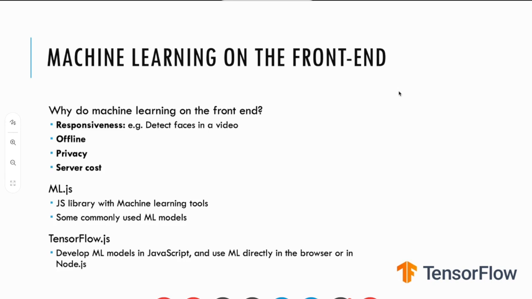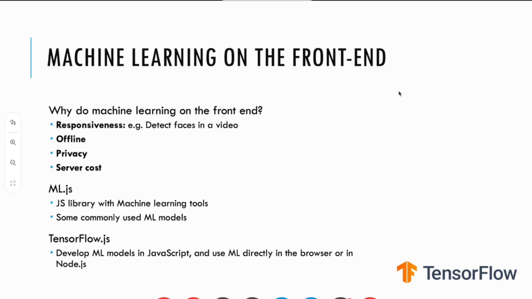Now, there are a few use cases where doing machine learning on the front end would make sense. For example, if you want to detect faces in a live video, you cannot just send frame by frame data to the server and expect the server to reply back with the information in a quick time, which would feel responsive for the user. You would only be able to do that on the front end itself.